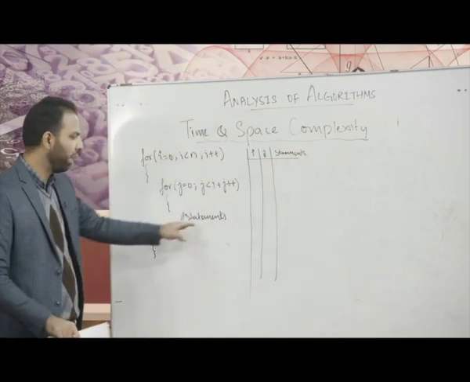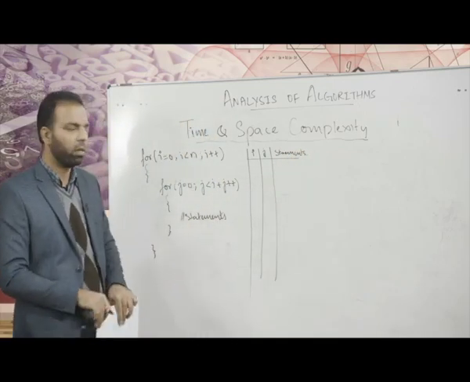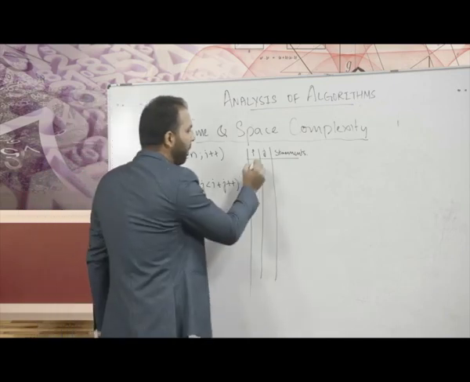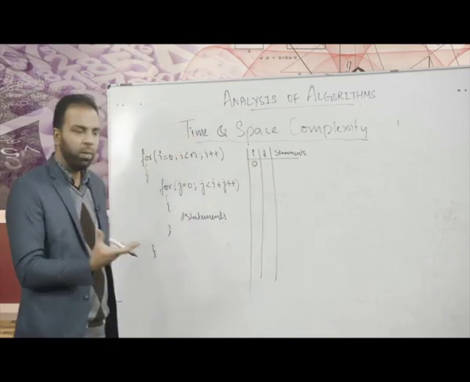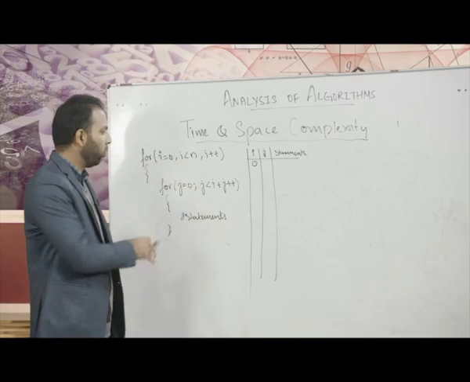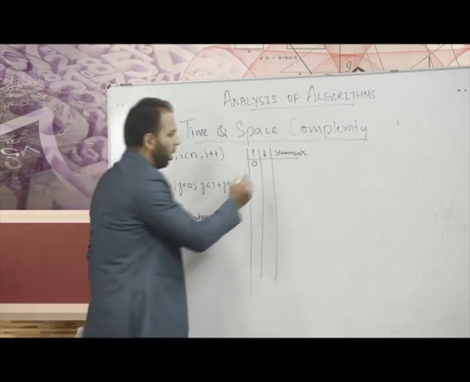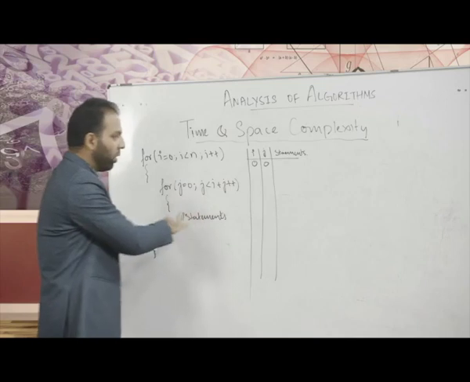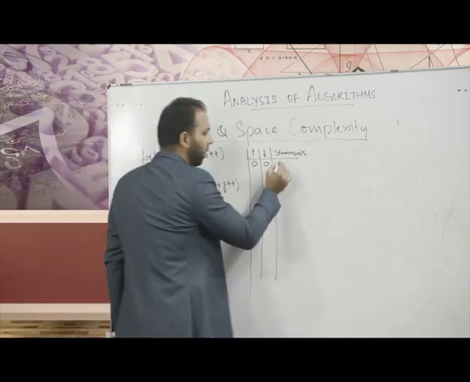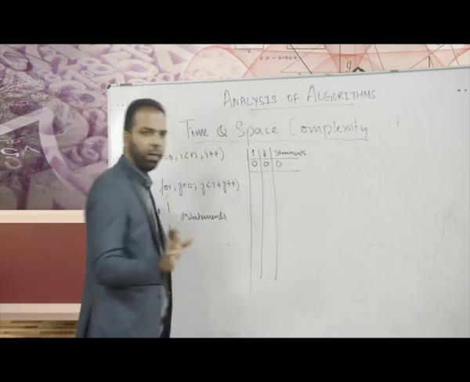I have written statements in comments, meaning you can write any statement here, doesn't matter. When i is 0, the start of this loop, j will also be 0. Because j is not less than i, no statement will be executed. So here the number of times the statement is executed is 0, fine.